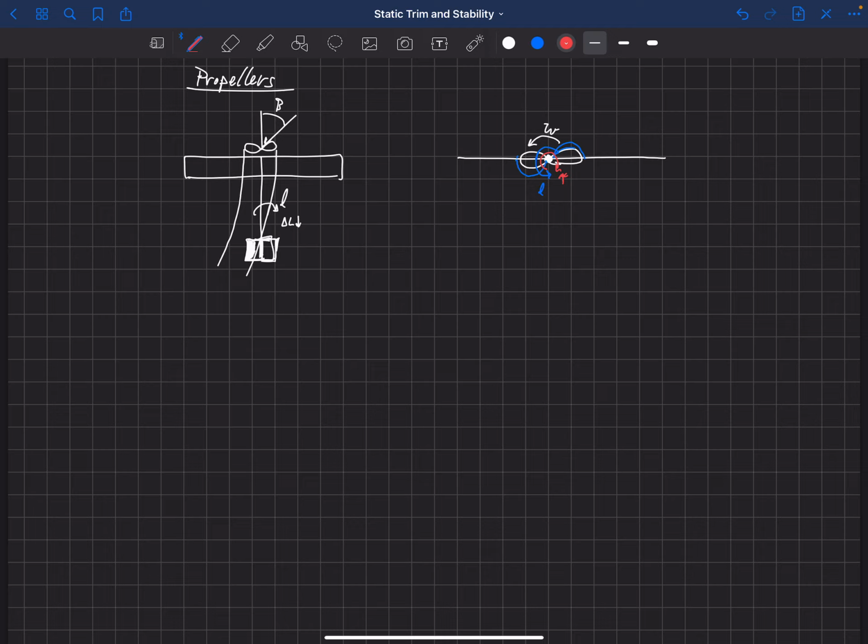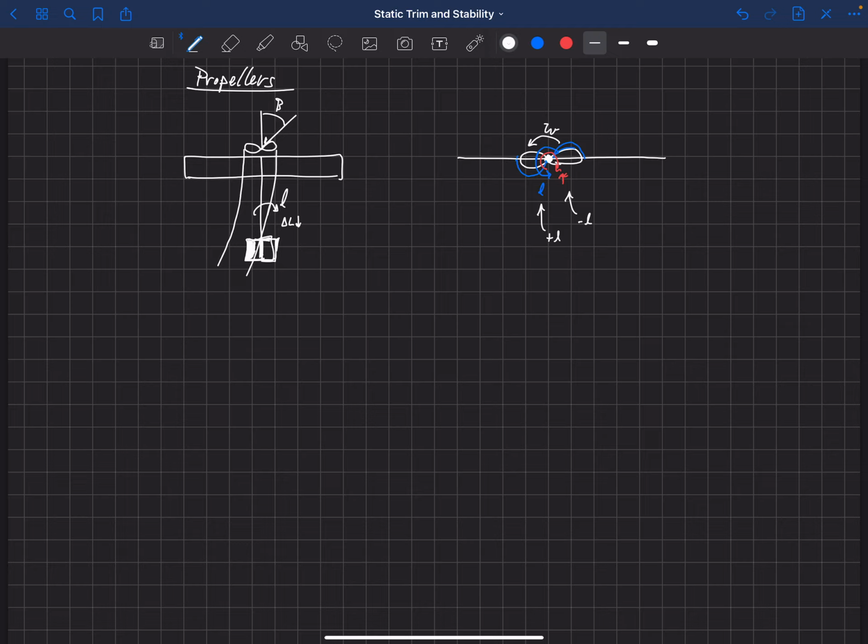Okay, so we have a positive rolling moment coming from the aerodynamics, and a negative rolling moment coming from the torque. And so that's kind of nice because they cancel each other to a certain extent, right? Usually the torque is a bit stronger than the aerodynamic rolling moment, but in some instances you can get enough aerodynamic rolling moment due to that change in lift on the wing to counteract the torque.